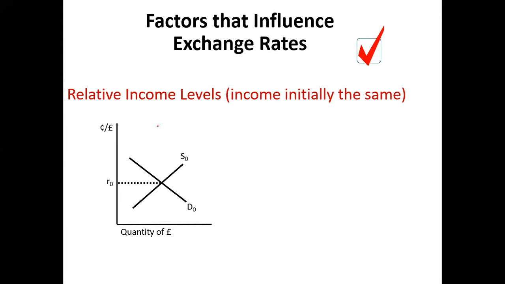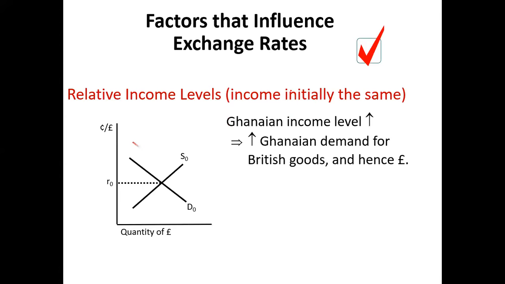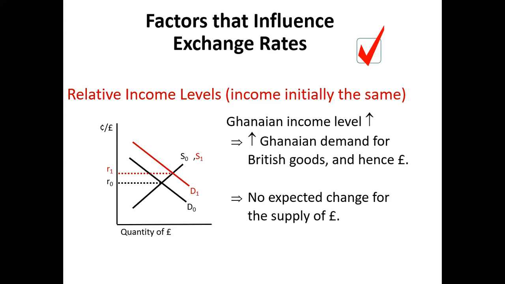Now, relative income levels. What I want you to know is that when the income level of a country rises, consumers develop a taste for foreign goods. Whenever income rises, you buy the locally made goods and you develop a taste for foreign goods.